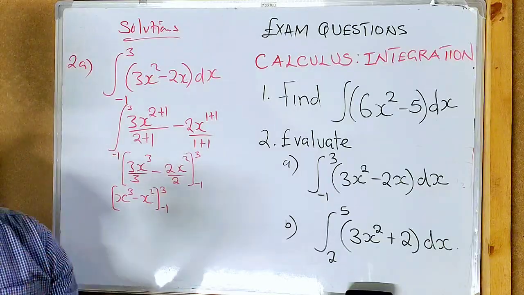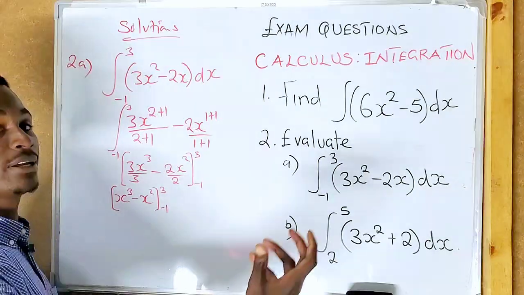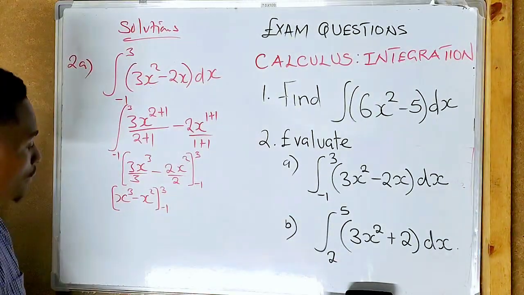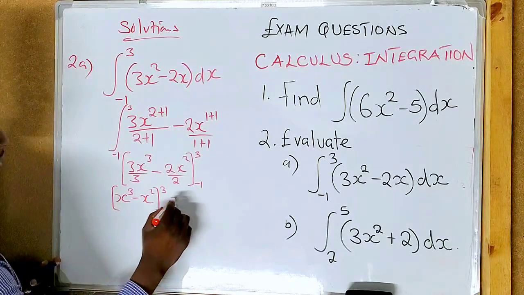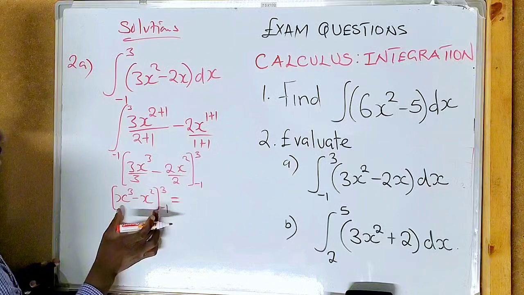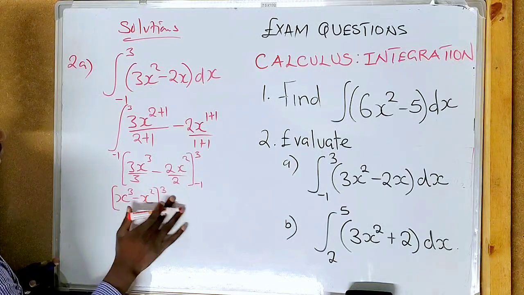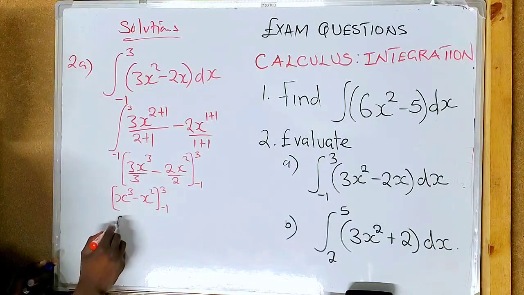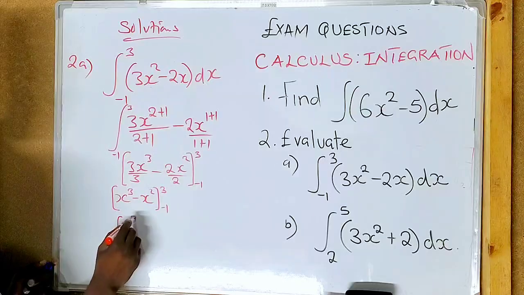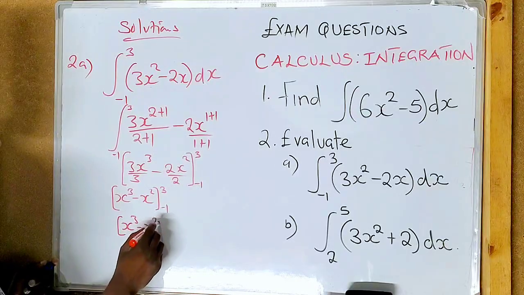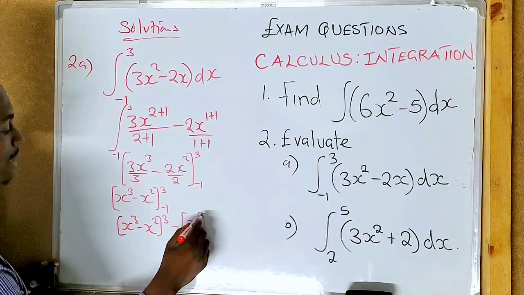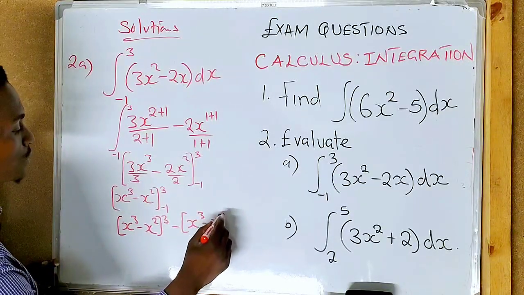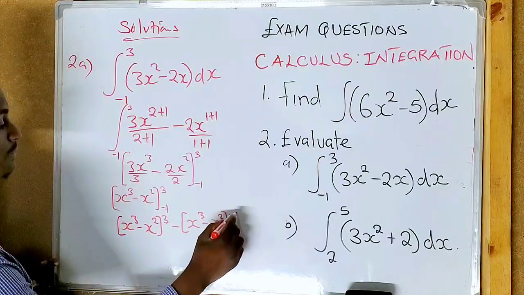Now, we're going to find the difference between the upper limit and lower limit. Let me solve it down here. We use 3 in x to the power 3 minus x to the power 2, minus the same expression, x to the power 3 minus x to the power 2, this time using -1.